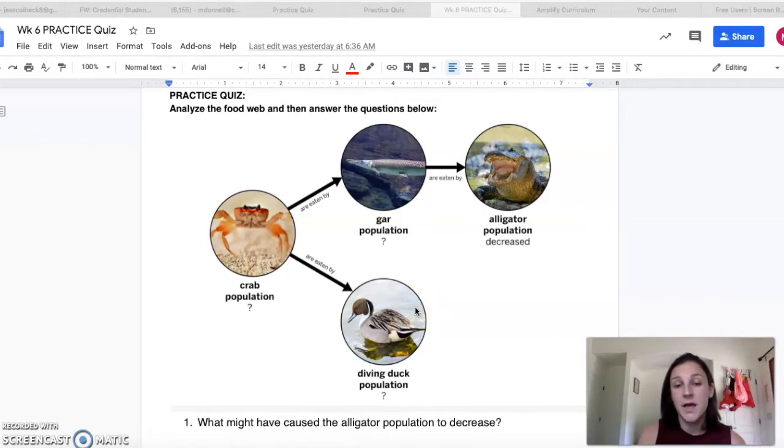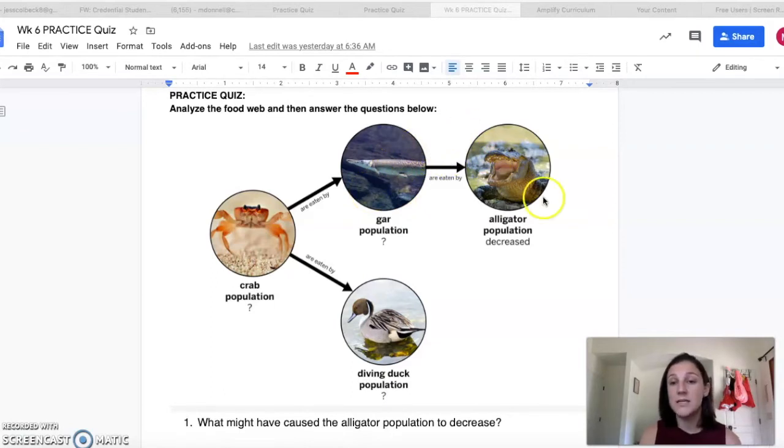The next thing I want to point out is that you know about consumer and resource populations. So it's important for you to know which ones in this web are consumers and who they're consumers of, and who are the resource populations and who they are resources for. So for example, the gar population is a resource population for the alligators.